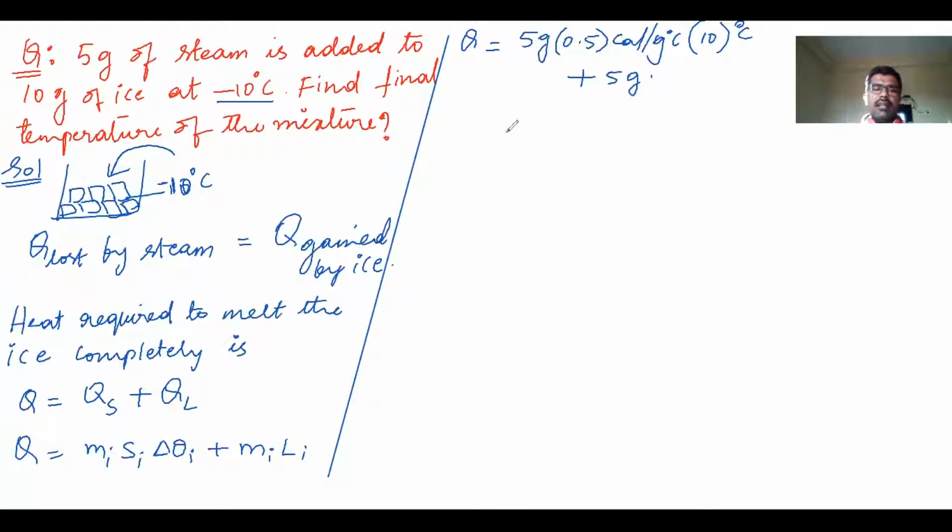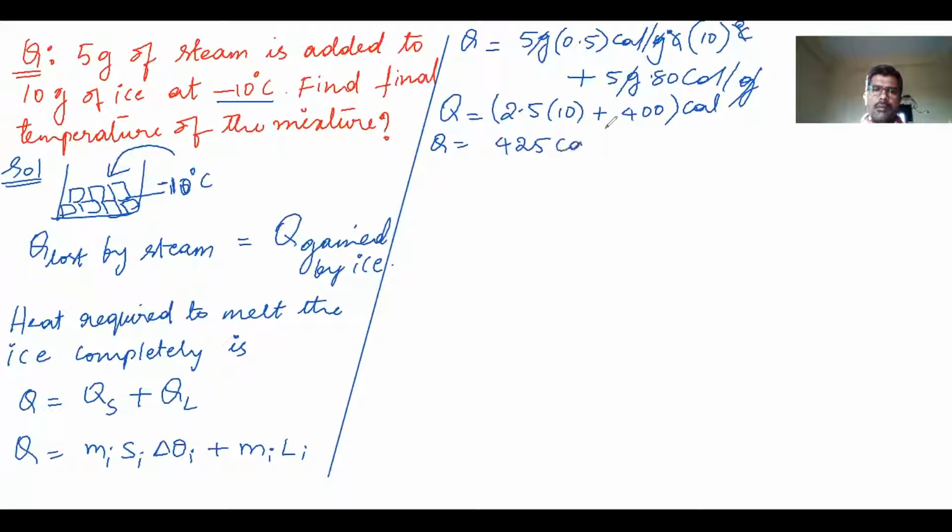And latent heat of ice is equal to 80 calorie per gram. Gram and gram get cancelled, degree Celsius cancelled. So Q required will be 5 into 5, 2.5 into 10 plus 5 8s 40, 400 calorie. This is Q equal to 25 plus 400, 425 calorie.